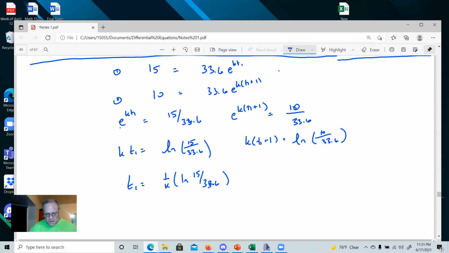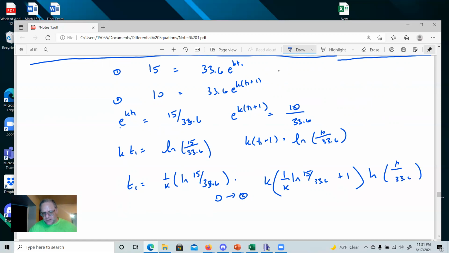Then what we're going to do is take our equation 1 and plug it into equation 2. So we're going to have k times 1 over k times the natural log of 15 over 33.6 plus 1 times the natural log of 10 over 33.6. So I took this equation here and substituted it into that one.